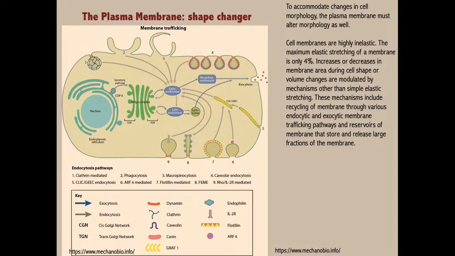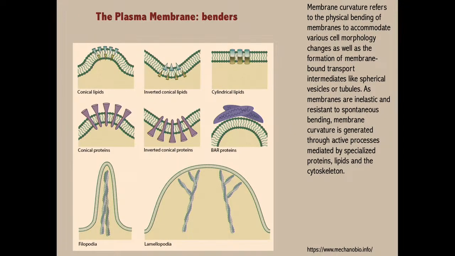These mechanisms include what we call intracellular trafficking, in which membrane is recycled through various routes. So what's on the membrane can get internalized, and then it can go back and add membrane. This way you can generate membrane reservoirs and modulate the amount of membrane.